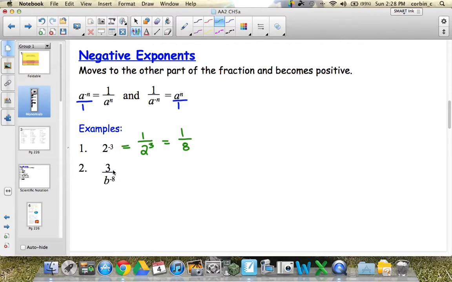The second example is 3 over b to the negative 8th. The 3 is fine. It's positive exponent, so it stays where it is. However, the b has a negative exponent, so it's going to go from the bottom of a fraction to the top and become b to the 8th. And the only thing that we have left on the bottom is 1. So I can simply write this as 3b to the 8th.